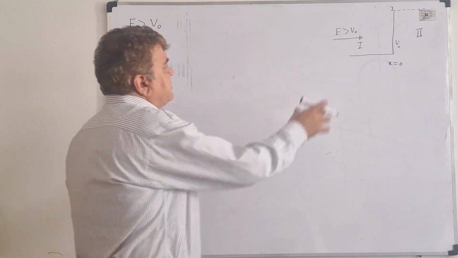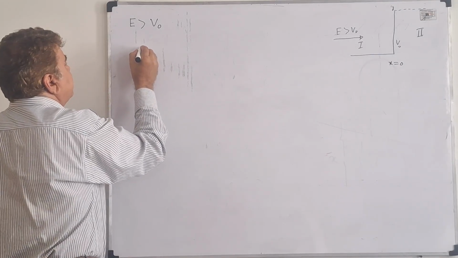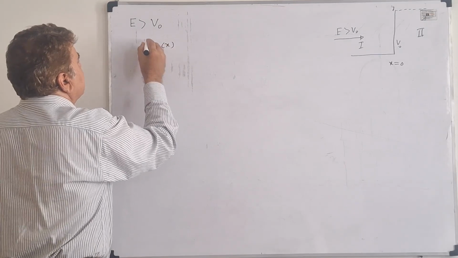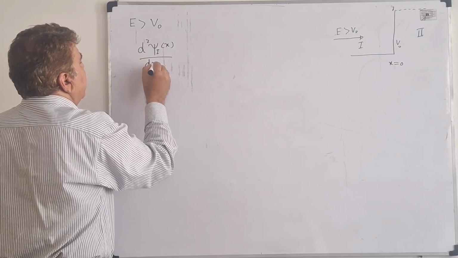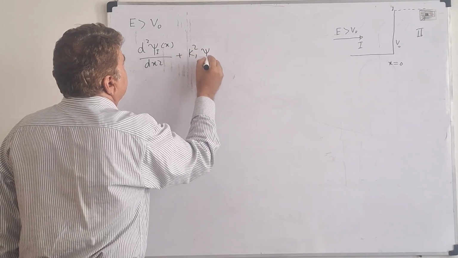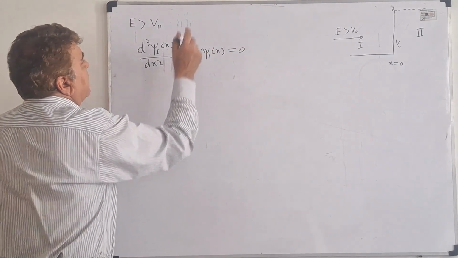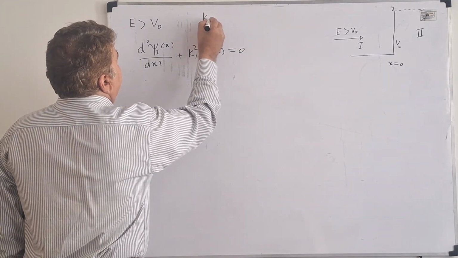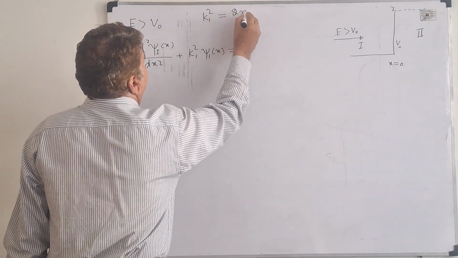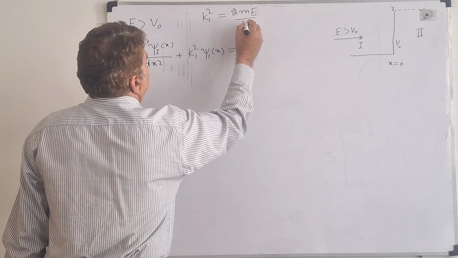Then in this region, as you may recall from the previous video, d squared psi1 of x over dx squared plus k1 squared psi1 of x equals 0, where k1 squared was defined to be 2mE divided by h bar squared.